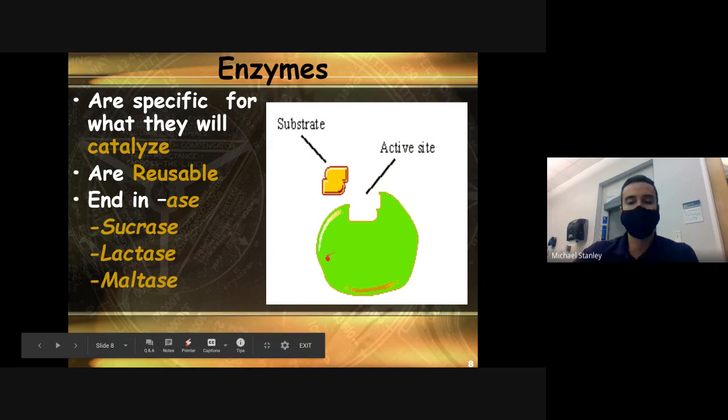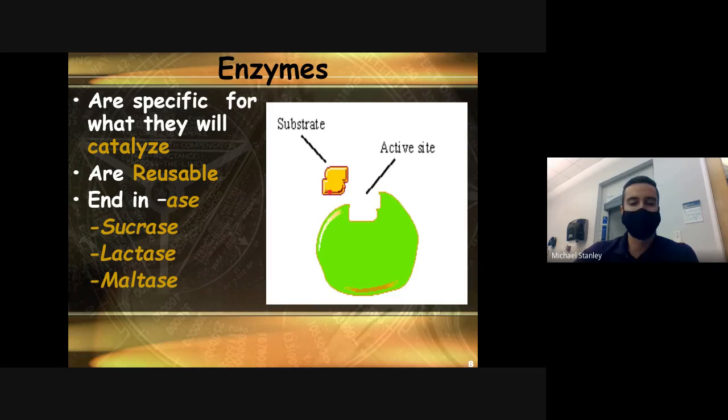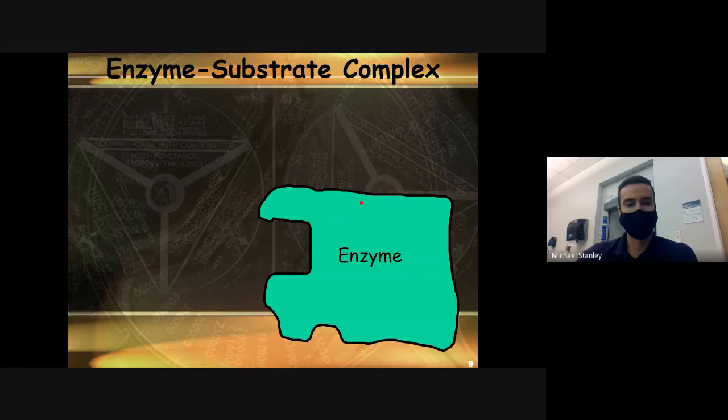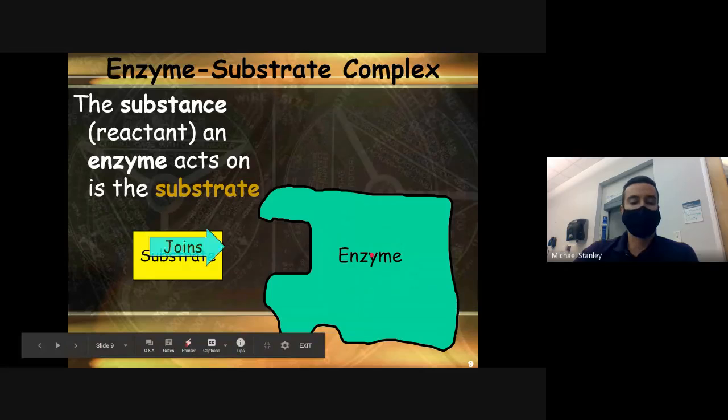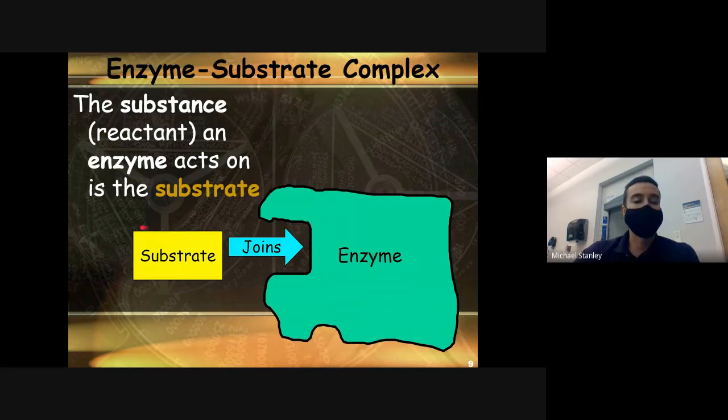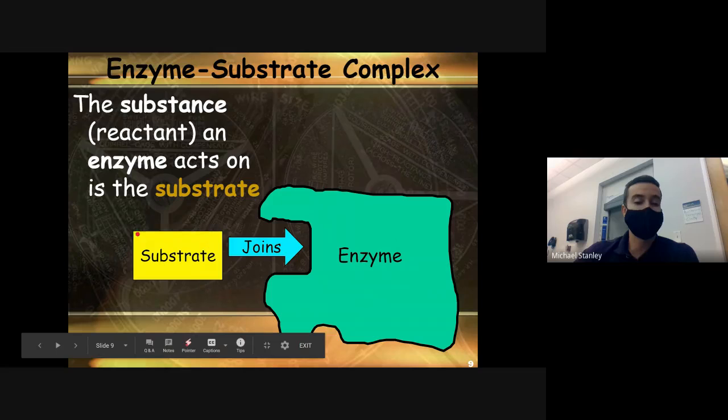So we have our enzyme, we have our little active site opening, and we have our substrate that's going to come in and fit nice and snug in that active site. Our enzyme is this protein that's doing this speeding up of the reaction. Our substrate is our starting material.